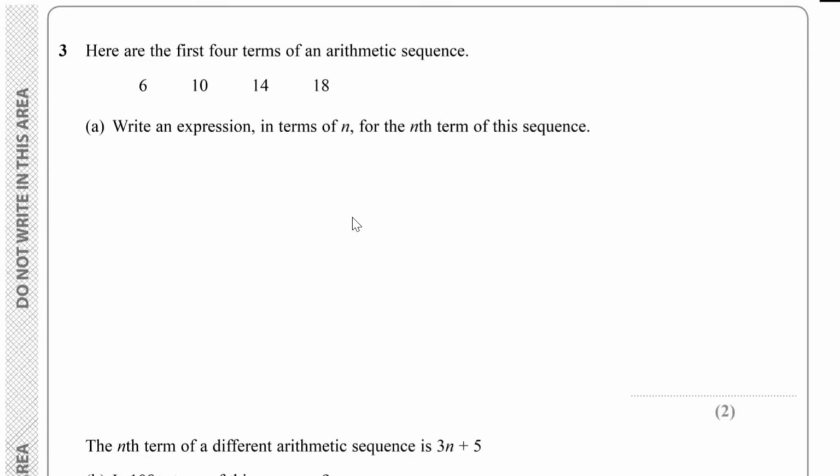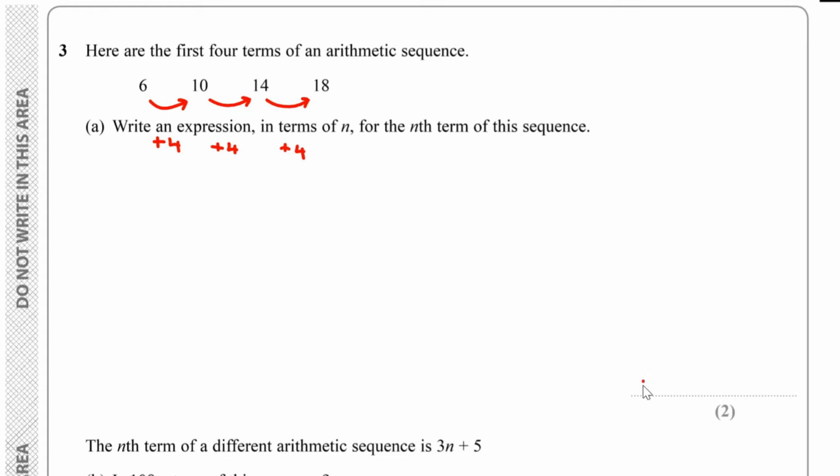Question 3. Here are the first 4 terms of an arithmetic sequence. We have 6, 10, 14 and 18, and for part A we have to write an expression in terms of n for the nth term of this sequence. You can see the difference between each of these terms is plus 4.